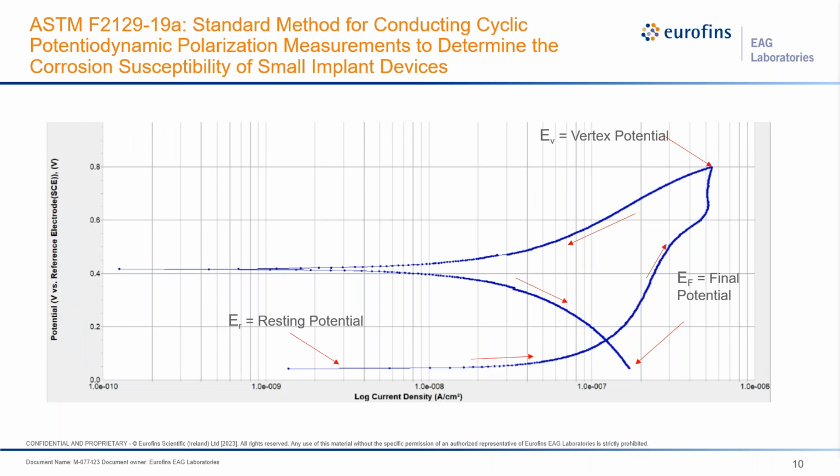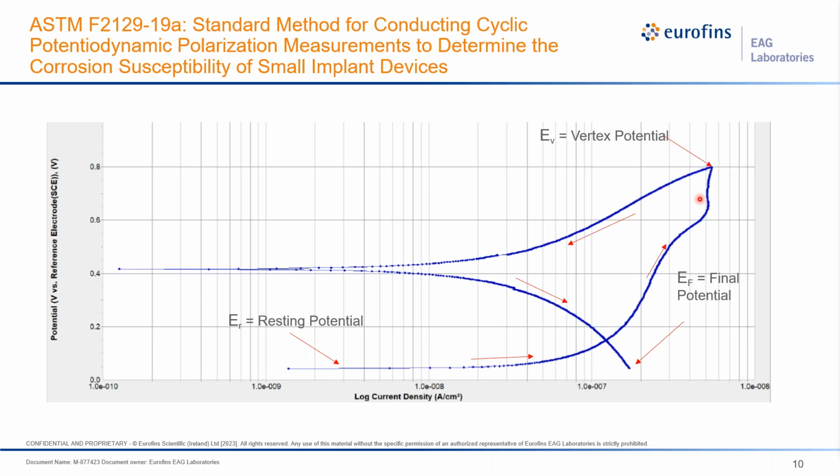So this cyclic polarization scan is consistent with a material surface that possesses no corrosion damage. The scan has a resting potential of 0.043 volts, and it moves in the anodic direction. There is no breakdown potential, as we can see.